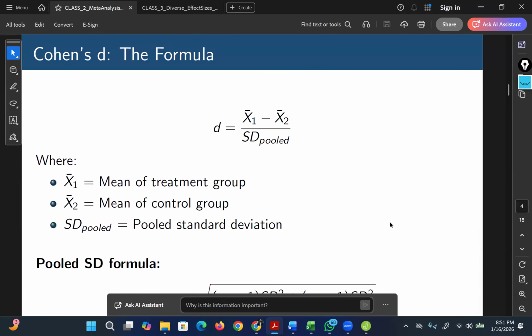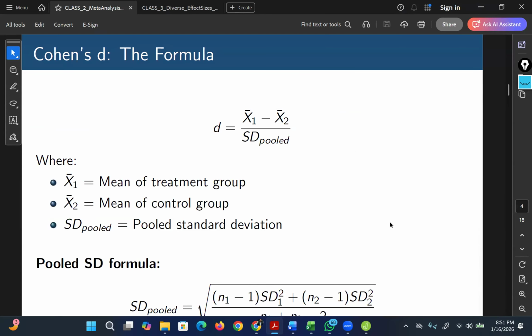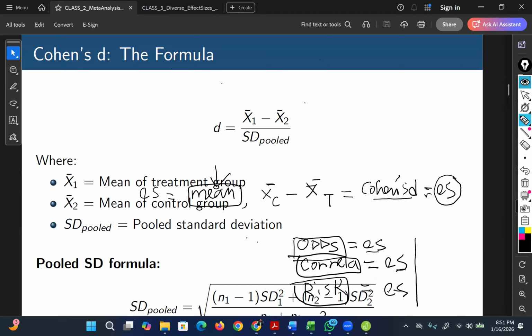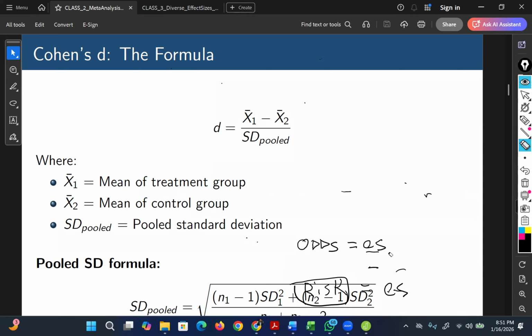So again, I go back to my slide where you can see the Cohen's d formula. The formula itself shows very clearly that Cohen's d is the standardized mean difference of two different groups in one single study.